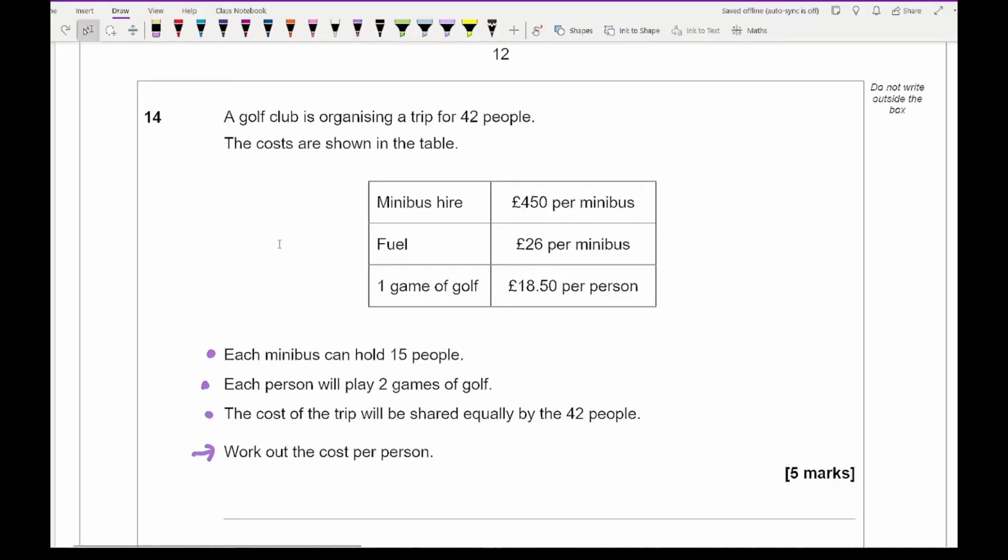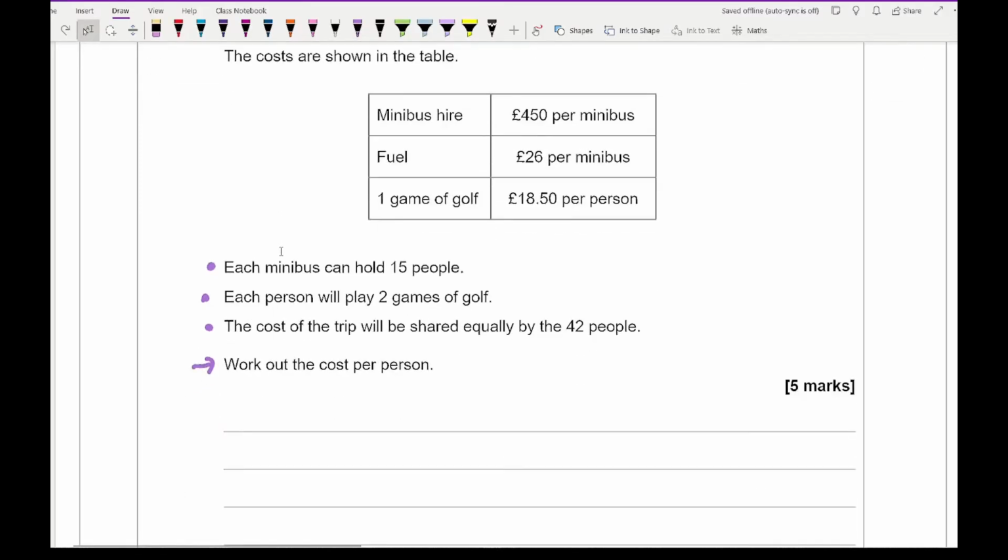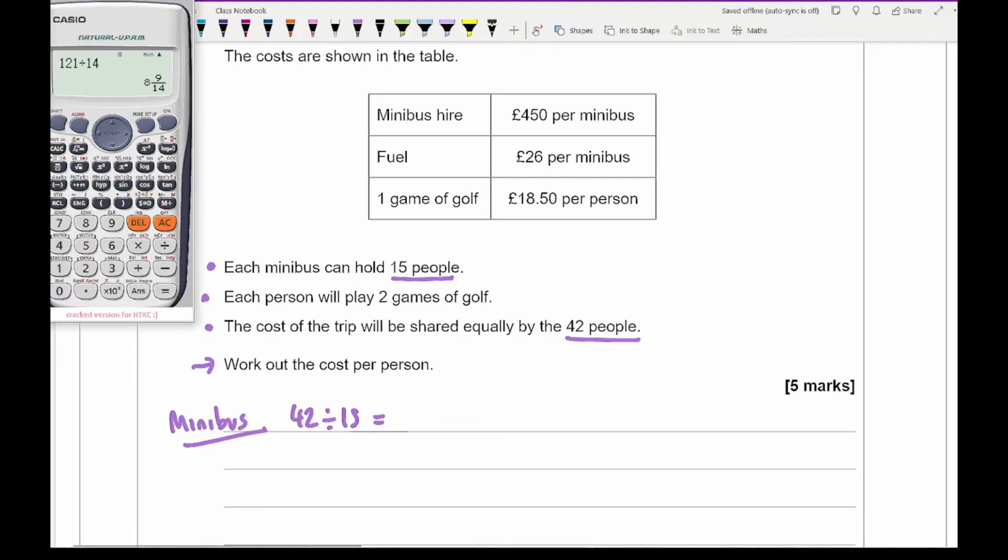So let's have a look at the 3 costs that we then need to work out. If we first of all look at the minibus costs, we've got a total of 42 people, and we know that a minibus contains 15 people. So if I do 42 divided by 15, and let's get the calculator back up, that gives me an answer of 2.8.